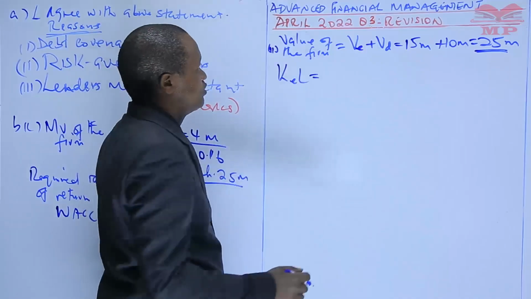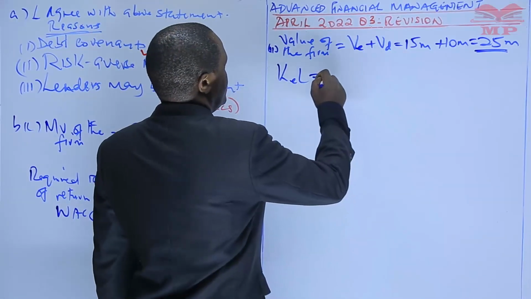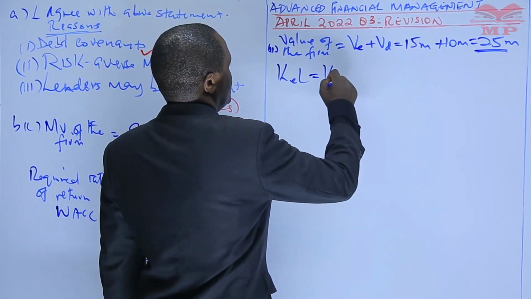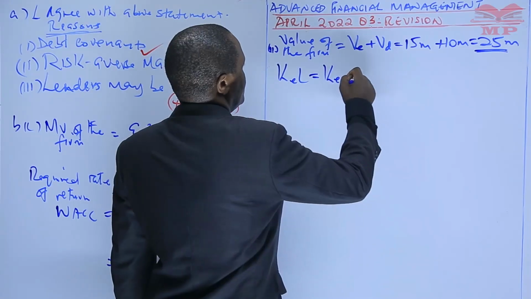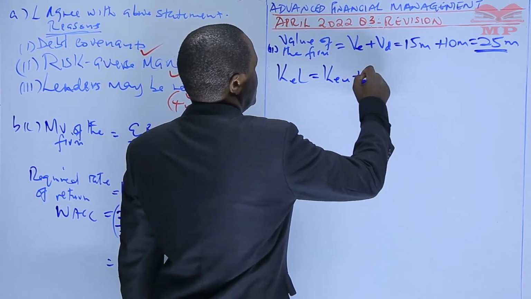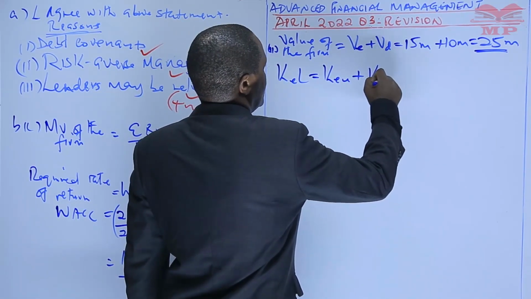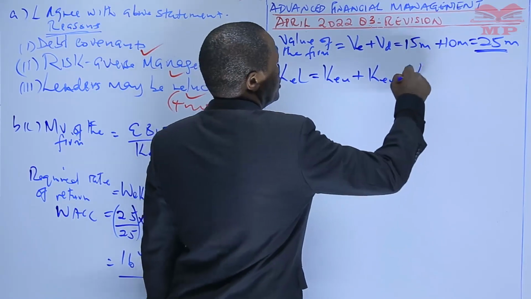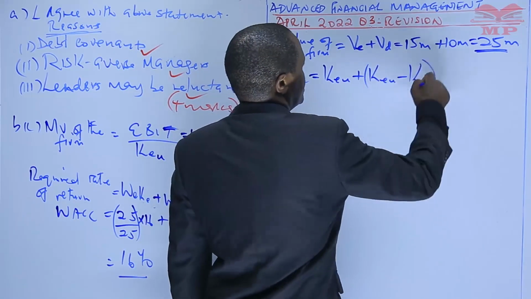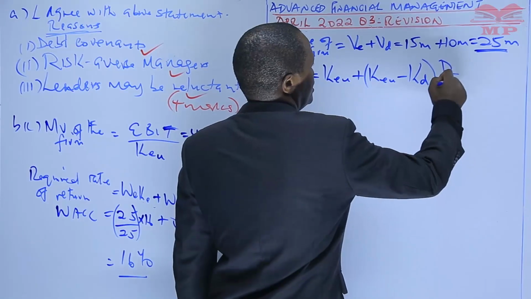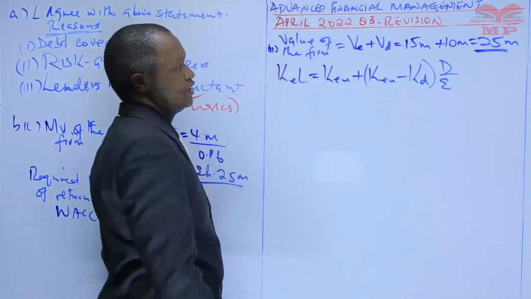This will be equal to the cost of the unlevered firm plus the cost of the unlevered firm minus the cost of debt, times the debt equity ratio.